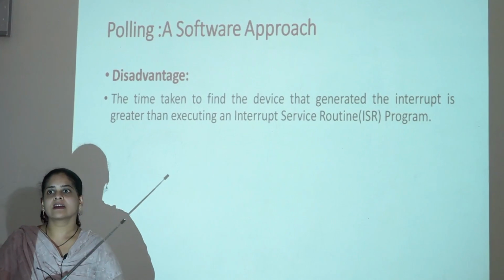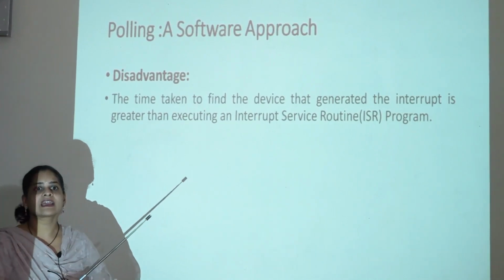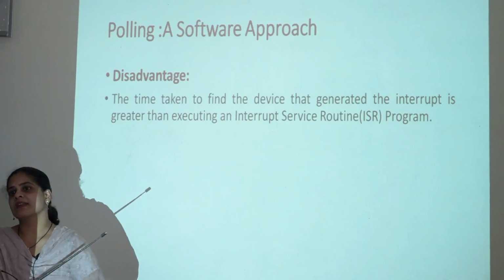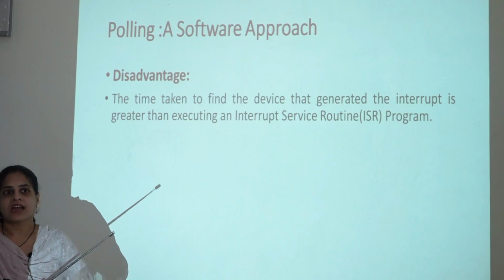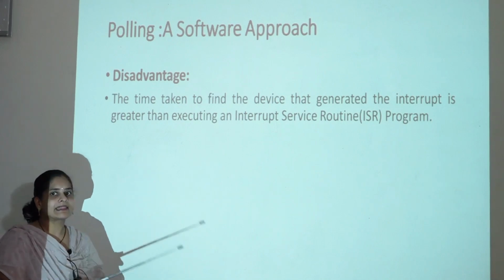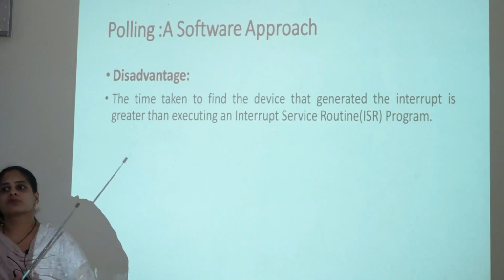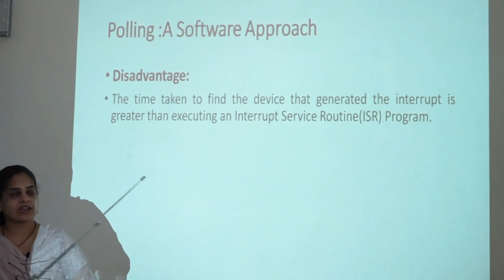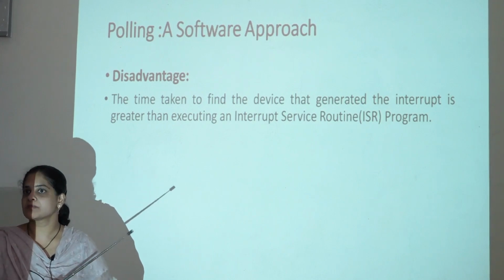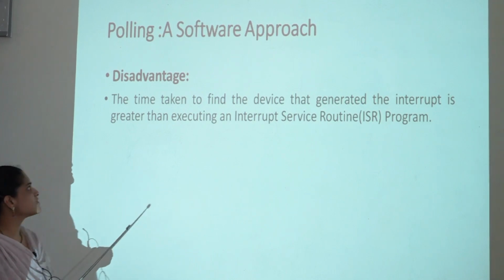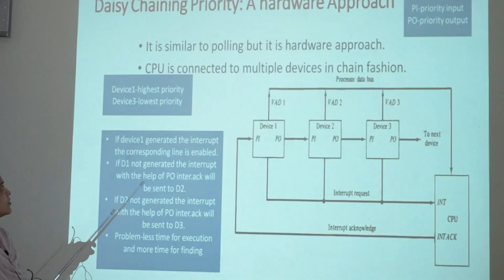But in larger systems with more input output devices, the time taken by the CPU to find out which device has generated the interrupt will be greater than the time it takes to execute the service routine. For example, it takes only some 2 hours to execute the interrupt service routine, but to find out which device has generated the interrupt, it may take more than 2 hours. So that is one of the disadvantages of the polling mechanism.